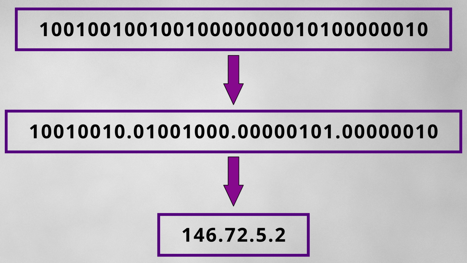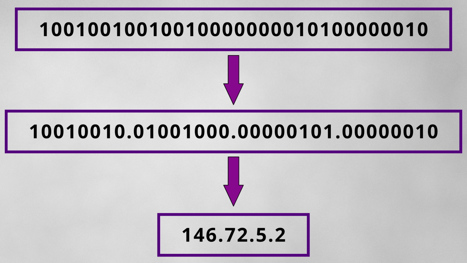Now, one thing that's a little confusing is that's actually 256 values, because 0 counts as an entity. So in this case, we broke the 32-bit string into 8-bit octets, and then each of those octets was converted to decimal. And in doing that, we ended up with an IP address of 146.72.5.2.